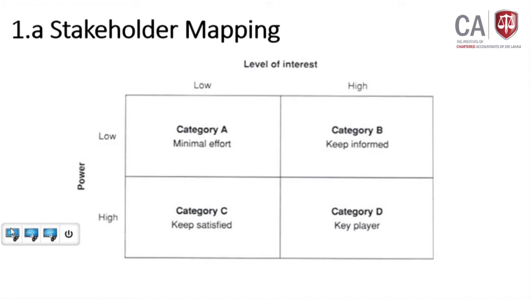Then category B, level of interest is high, but the power is low. For an example, individual employee. If you look at one particular employee, their interest is very high about the business activities. What is the reason for high interest?